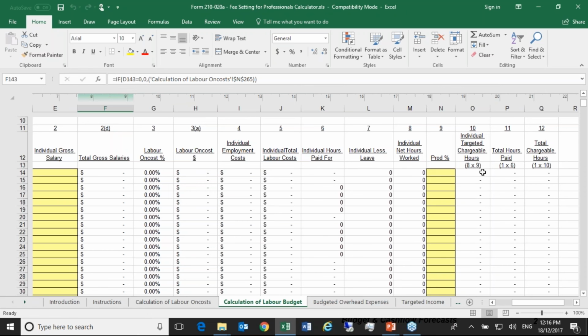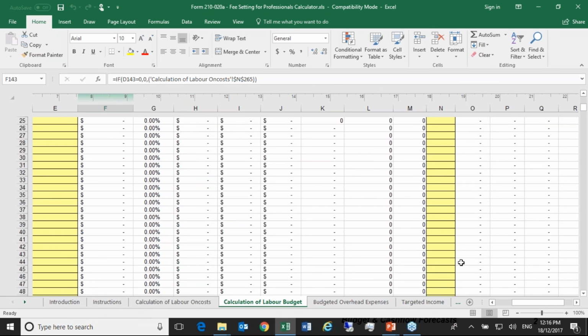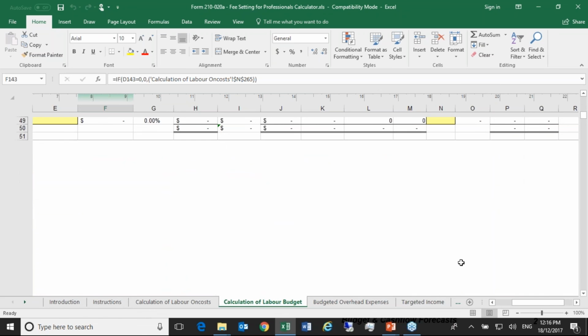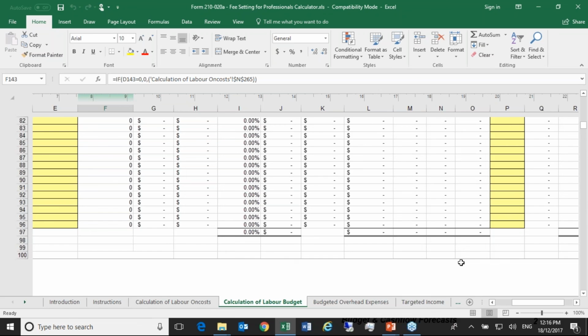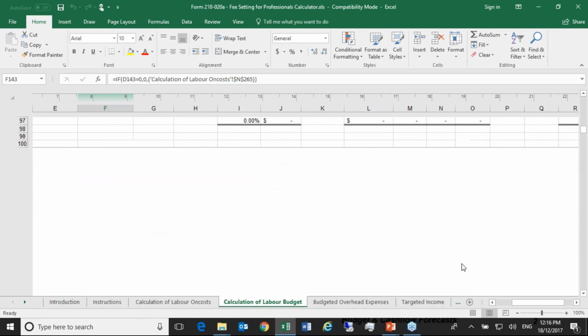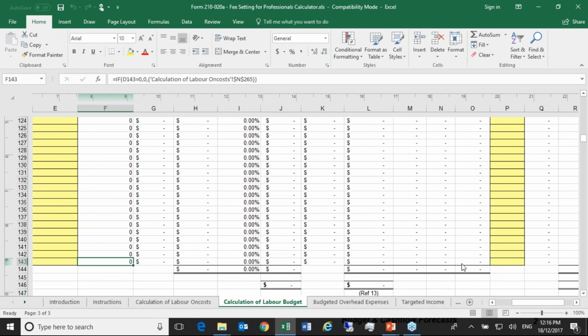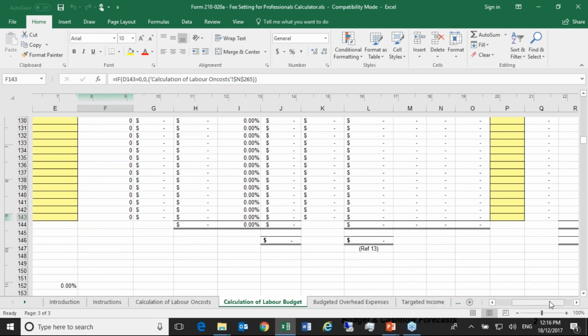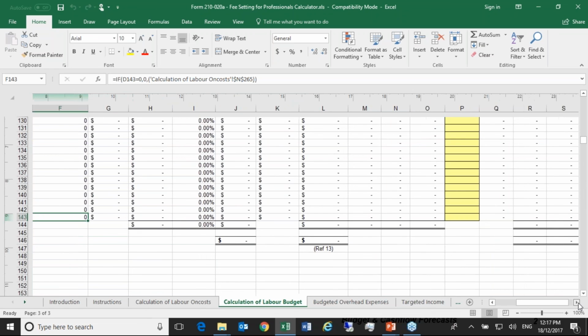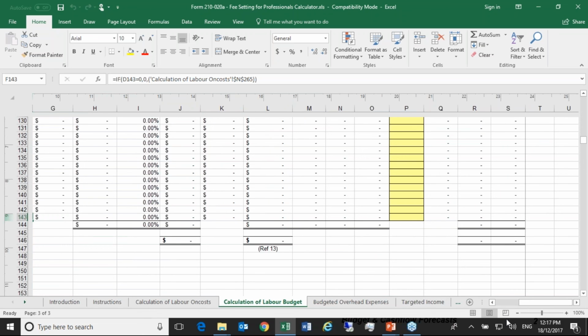The system will then calculate what the total chargeable hours should be for that section. And this is then the labour budget, which is dissected into the various labour components again, which will give a total labour figure to be inserted later on.